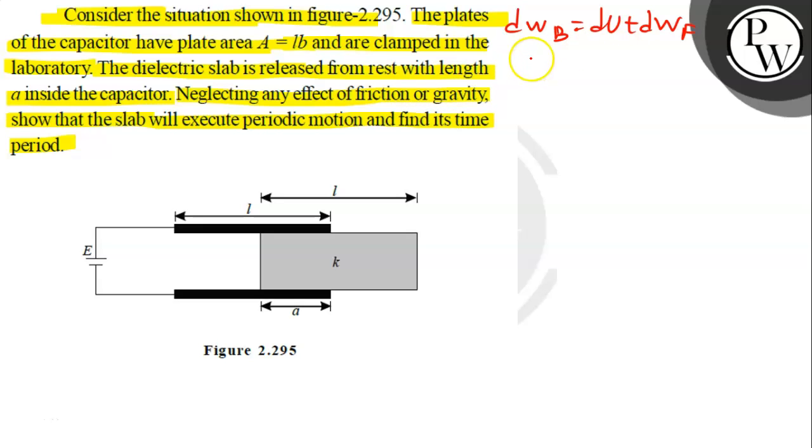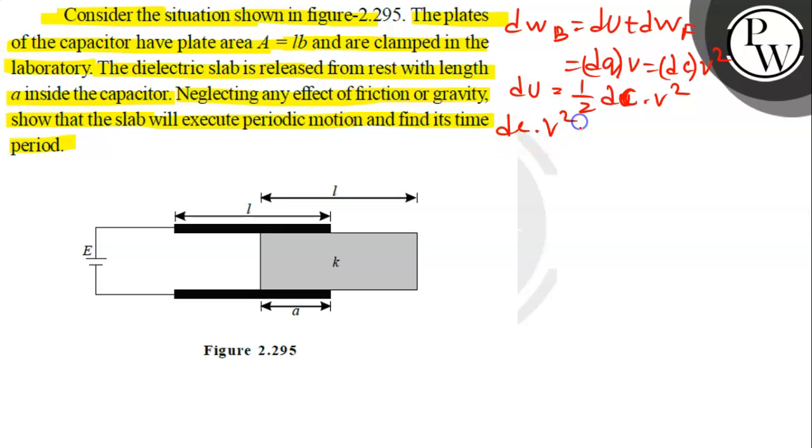So dWb is equal to dq into V, which equals dC into V square. So dU is equal to 1 by 2 dC into V square.